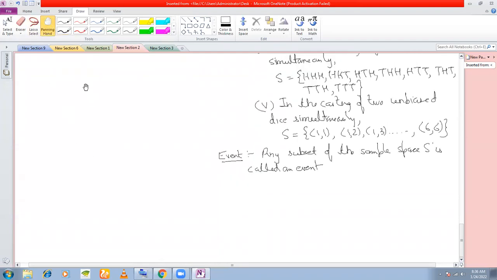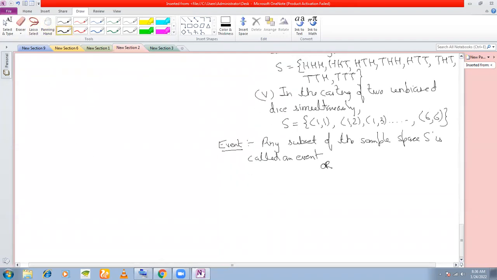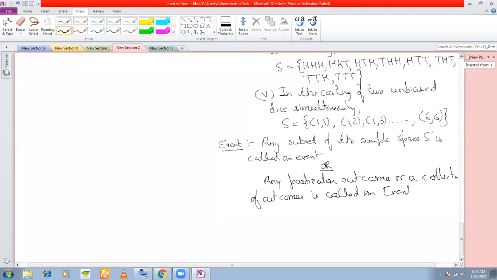The normal definition is, you can also define it this manner: any particular outcome or a collection of outcomes is called an event. Very important definition. For the time being, you can remember the first definition. Any subset of the sample space is called an event.